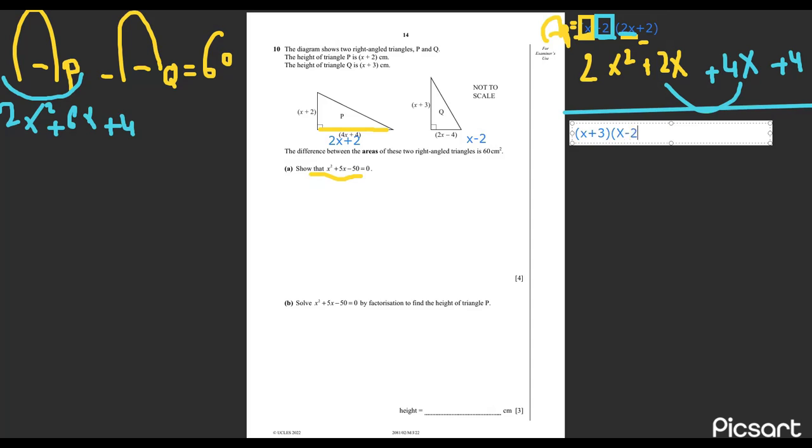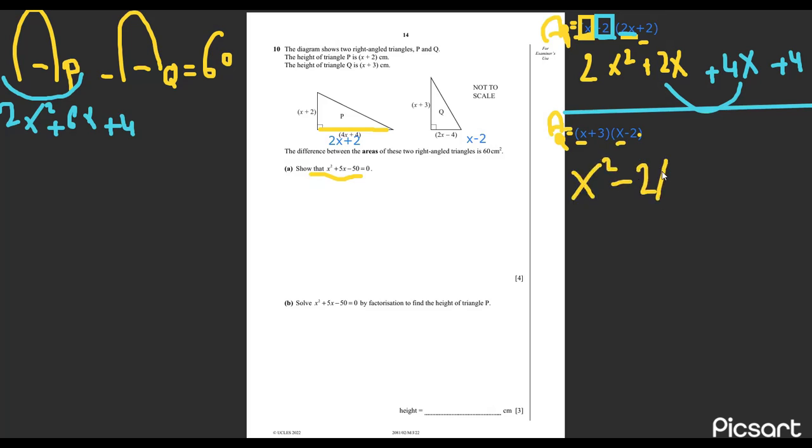Let's start with x: x multiplied by x is x squared, x multiplied by negative 2 is minus 2x. Then 3 multiplied by x is 3x, and 3 multiplied by negative 2 is negative 6. Let's merge this, which gives plus x.